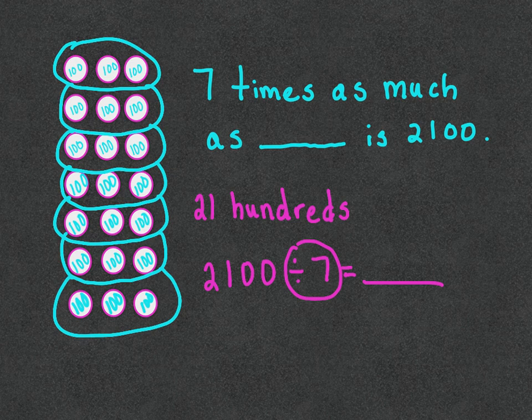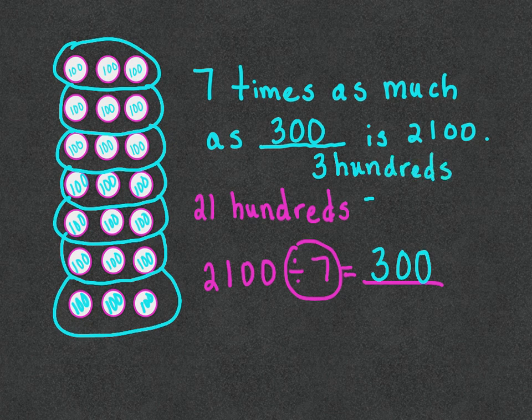So we have 7 equal groups. How many are in each group? Well, that would be 300. So 7 times as much as how much is 2,100? Well, that would be equal to 300. So in unit form, we would say 3 hundreds.